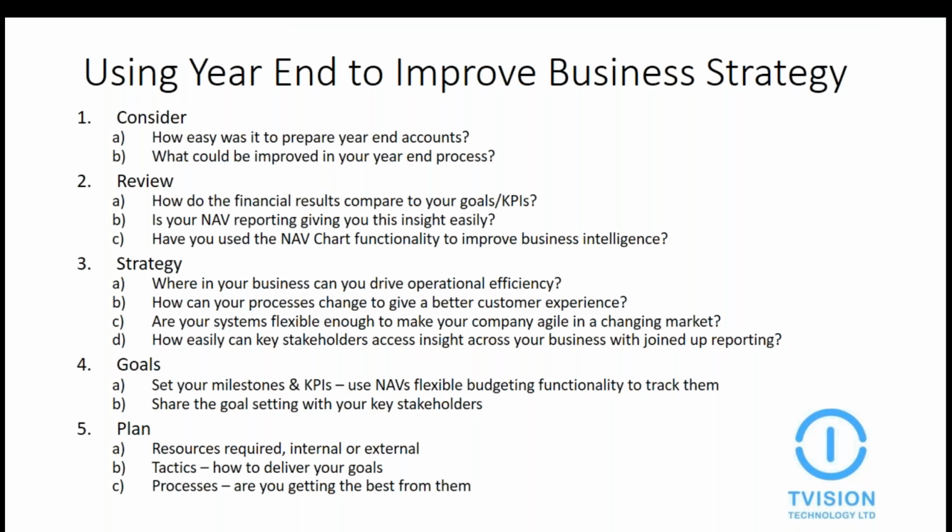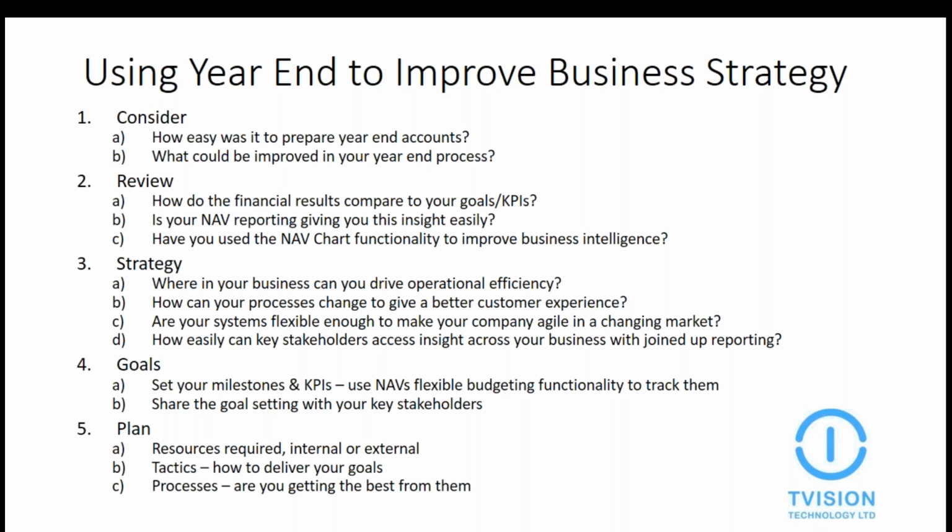Okay, so we'd like to leave you with 5 key takeaways from doing the year-end process that will allow you to use your results to improve upon future years. The first 2 points are to review the process and the results. So how easy did you find doing year end, and how do you think it could be improved?